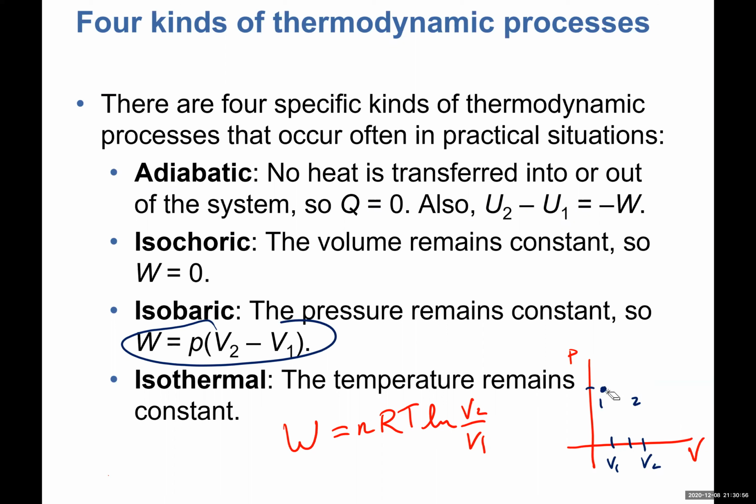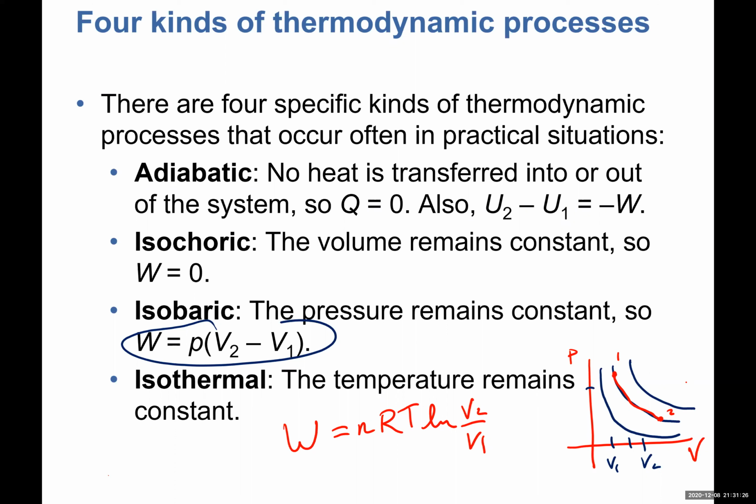So for an isothermal process, when these are your isotherms, you go from state one to state two along the same isotherm. There's a change in volume, change in pressure, but no change in temperature. So technically, the same amount of work done as the energy added or removed is achieved. So internal energy doesn't change.